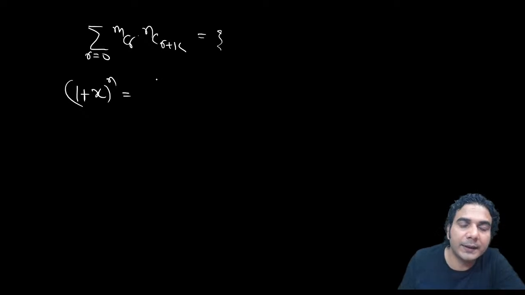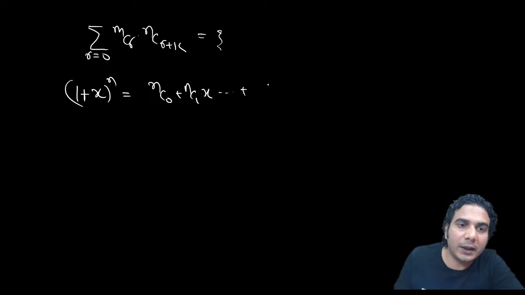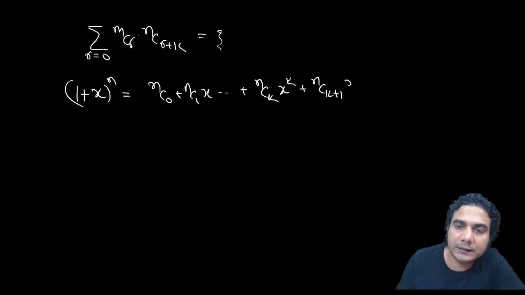When you expand it, write nC0 plus nC1 x, and I'm going to write those terms in which nCk plus 1 will appear. So nCk x raised to k, then nC k plus 1 x raised to k plus 1, and so on. These terms will come.